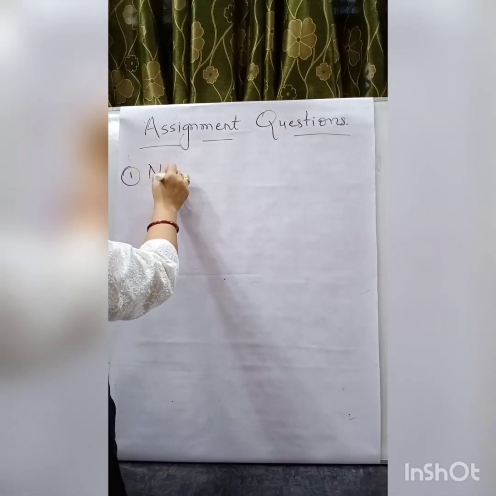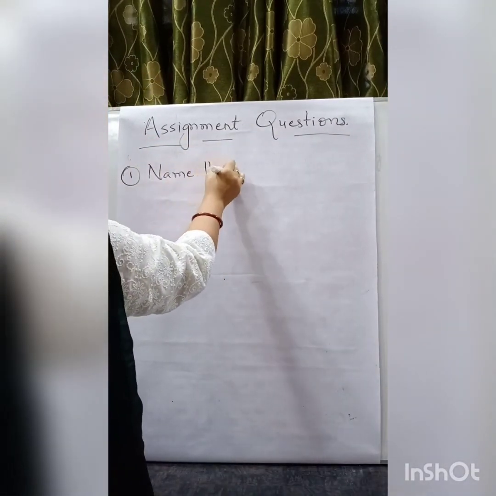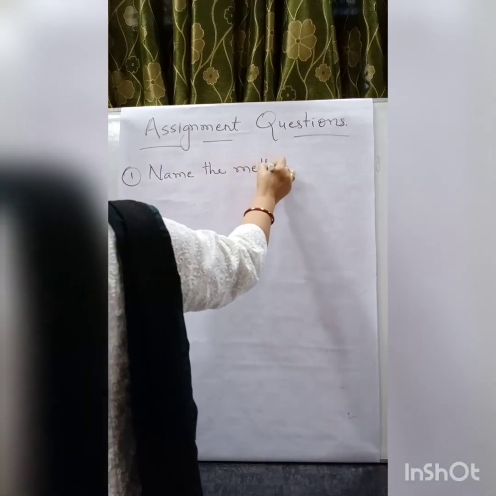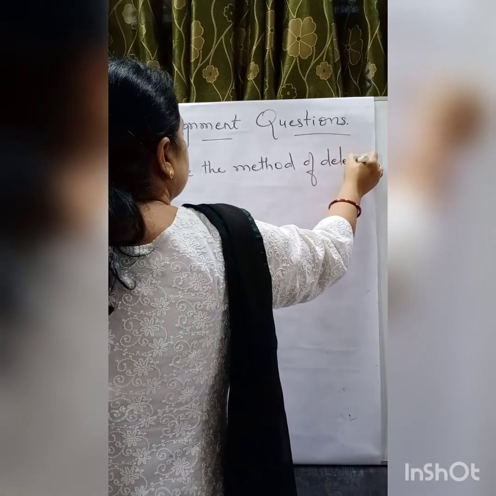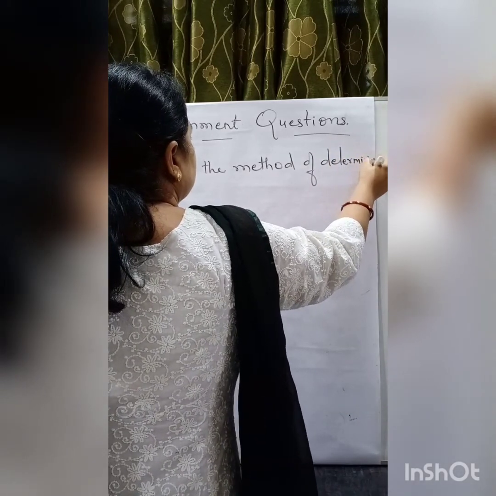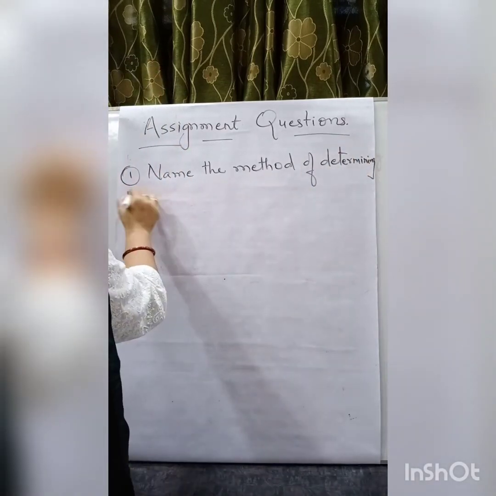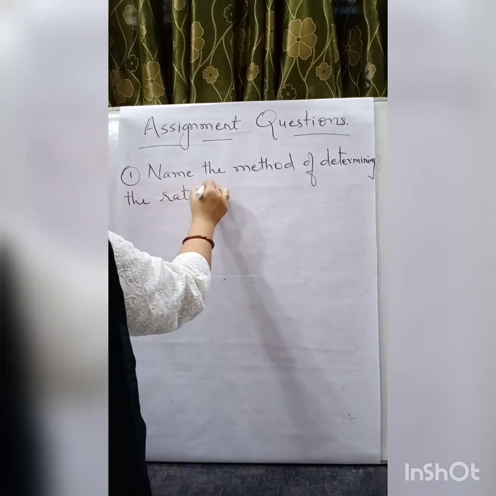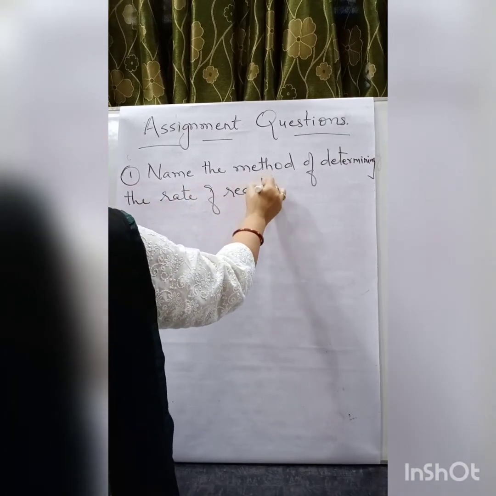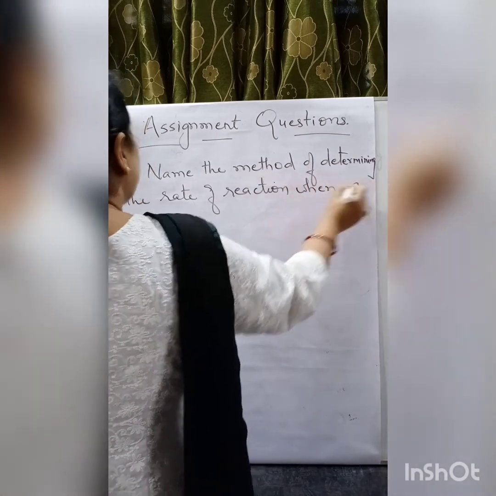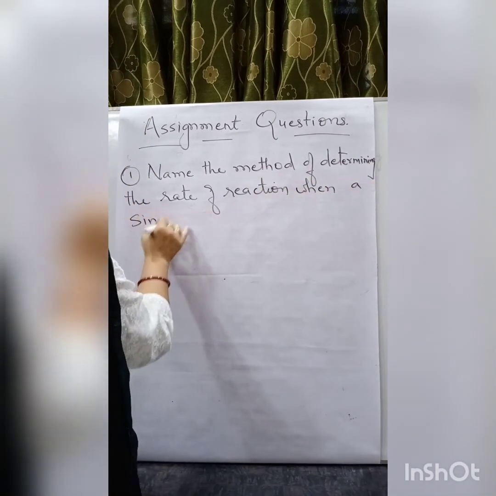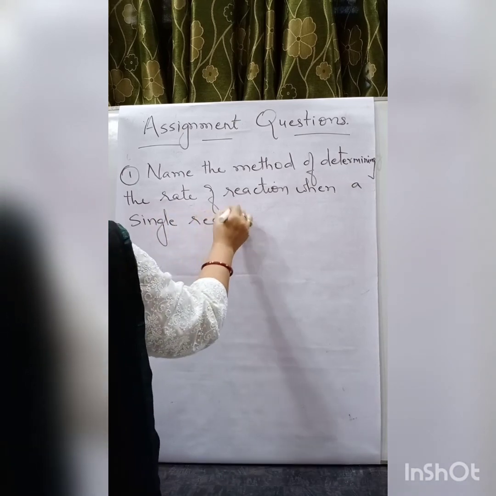First, name the method of determining the rate of reaction when a single reactant is involved.